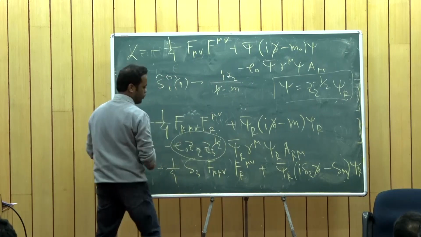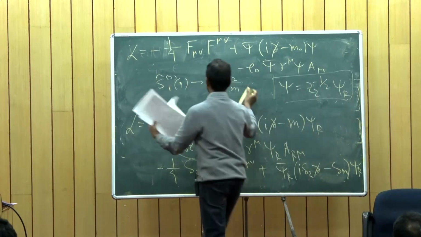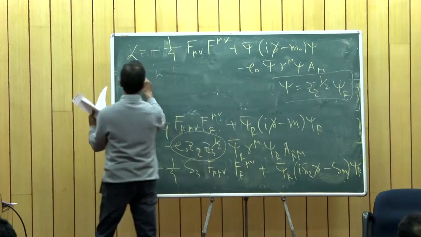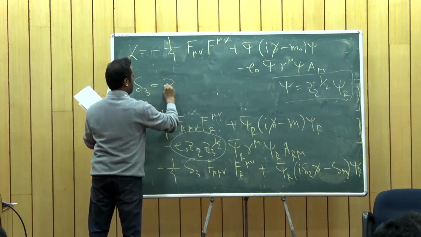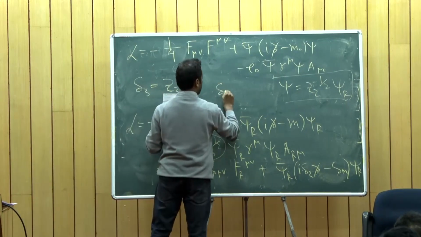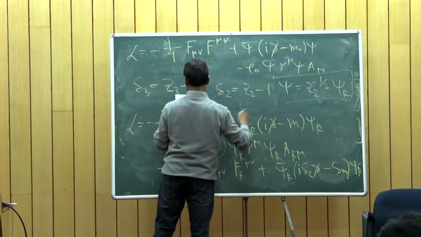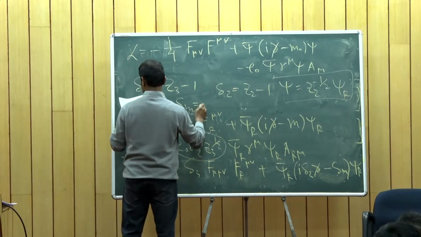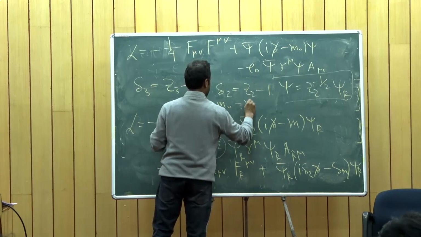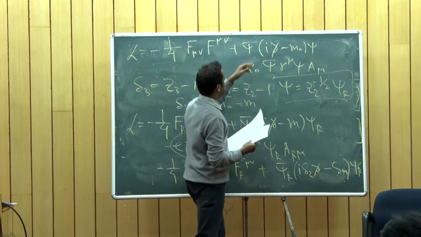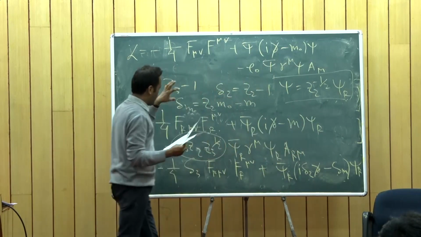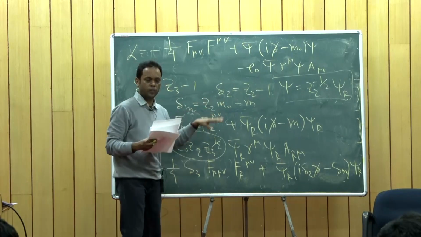Let me give you these relations, and then maybe I will stop. This delta 3 will come from the renormalization of the photon field, okay? The delta 2 is Z2 minus 1, and delta m is Z2 m naught minus m. So if you put this Z2 here, you will get a multiplication factor Z2 here, and then you write it down as a physical mass plus extra piece, okay?